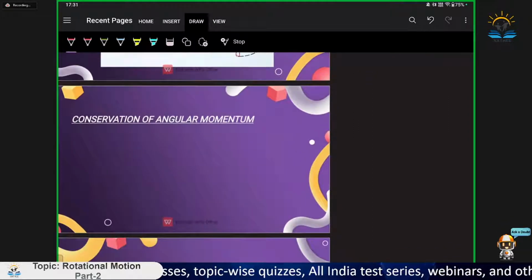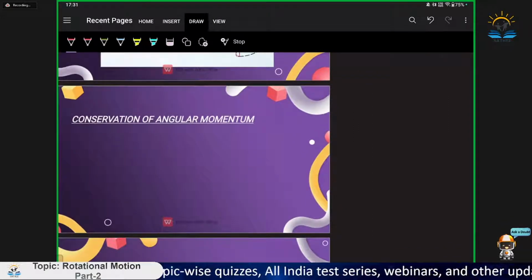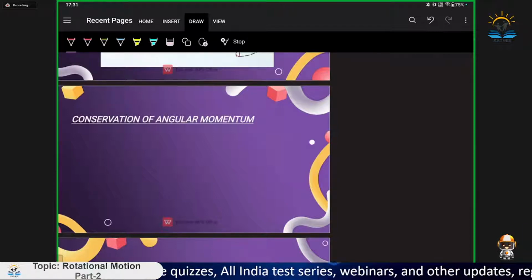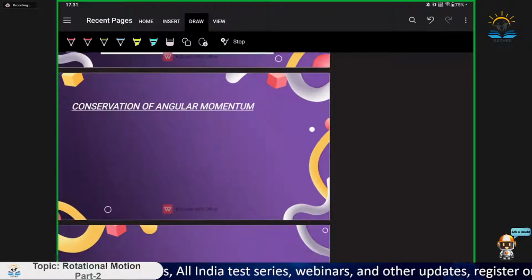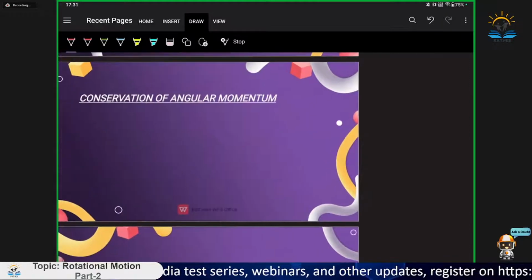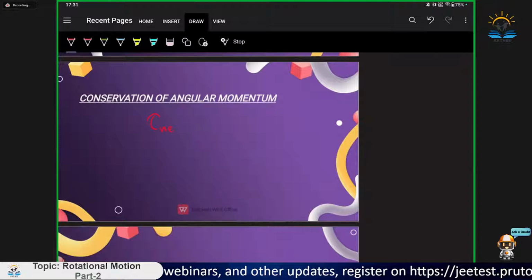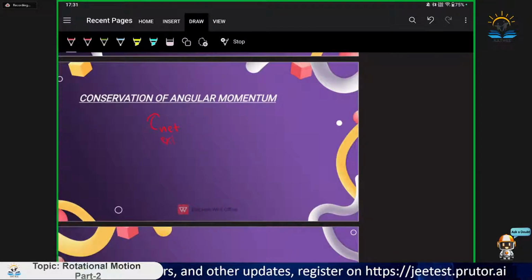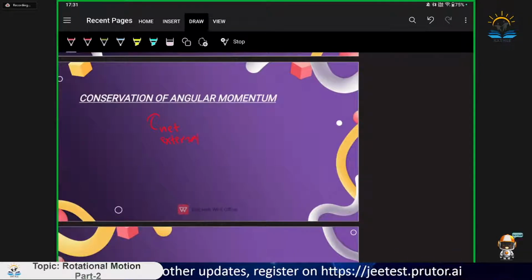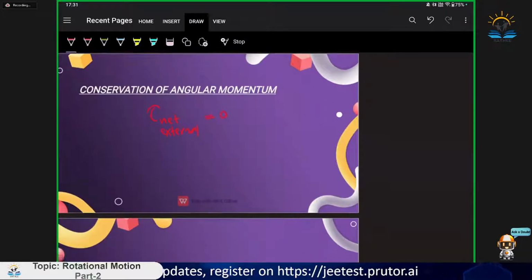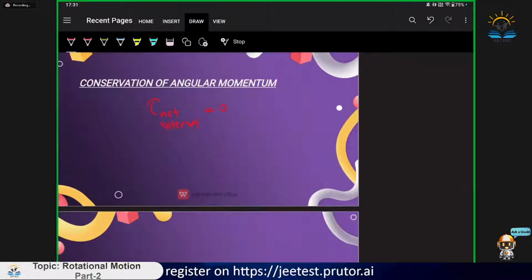Next, let's see conservation of angular momentum. We know what conservation of linear momentum is, right? Similarly, if net external torque is zero, then angular momentum of the system will be constant.